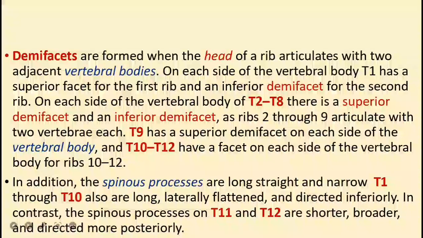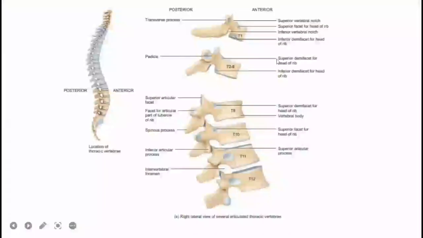So for the demifacets, you're told that from different levels of these thoracic vertebrae, they present in a unique form. For T1, we have the superior facet of the head of rib, then inferior demifacet. Then moving down to the level of T2 to T8, we have superior demifacet now and inferior demifacet.